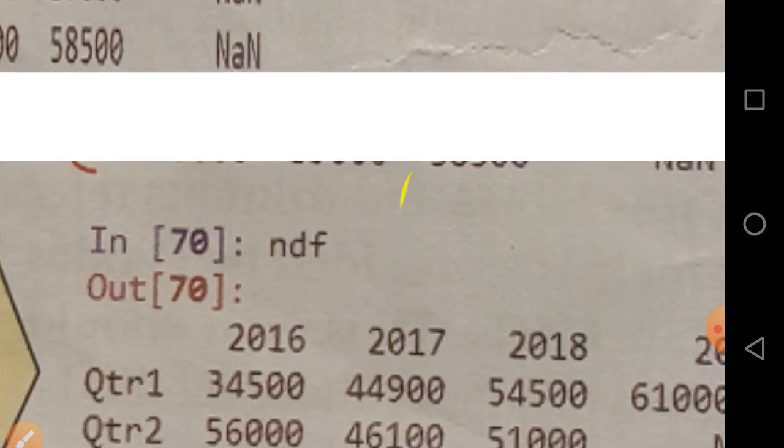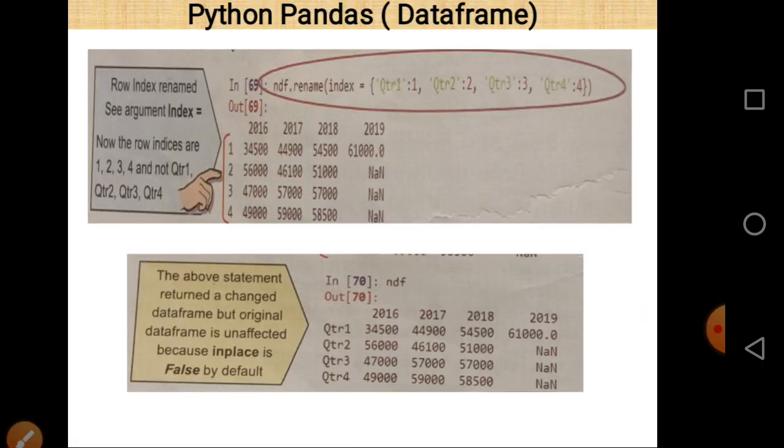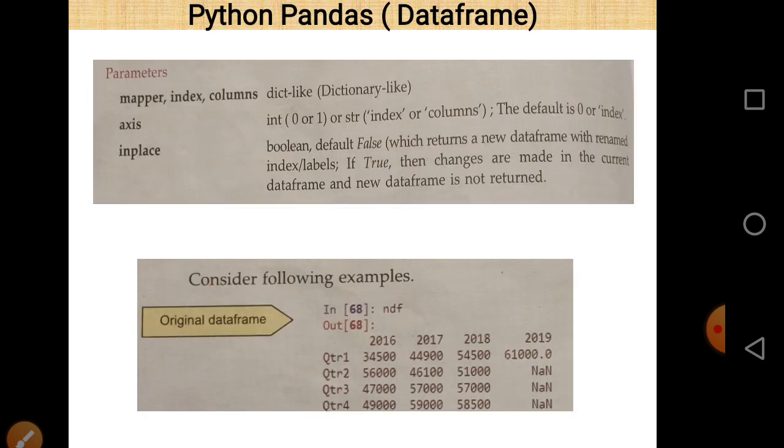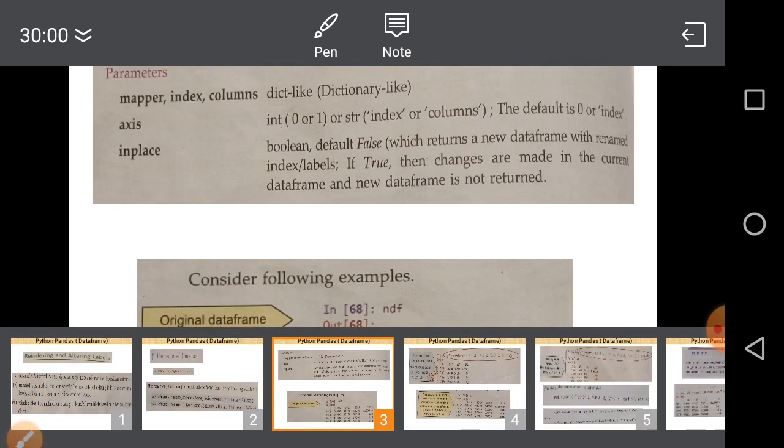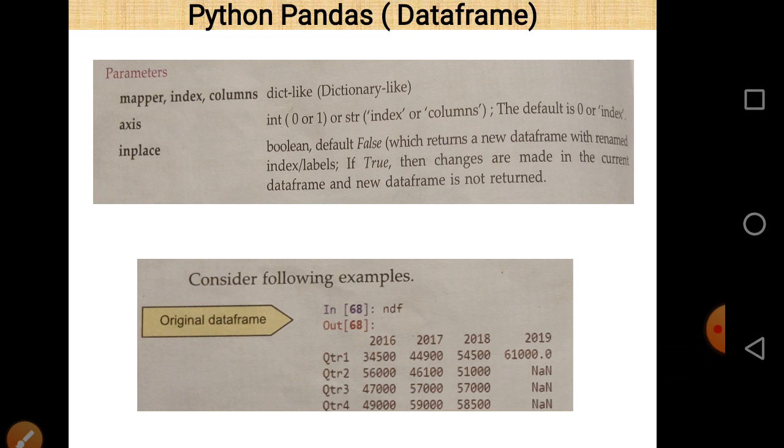In this data frame we can easily see that there are 4 columns: 2016, 2017, 2018 and 2019, and 4 rows. Actually these are the indexes: QTR1, QTR2, QTR3 and QTR4.